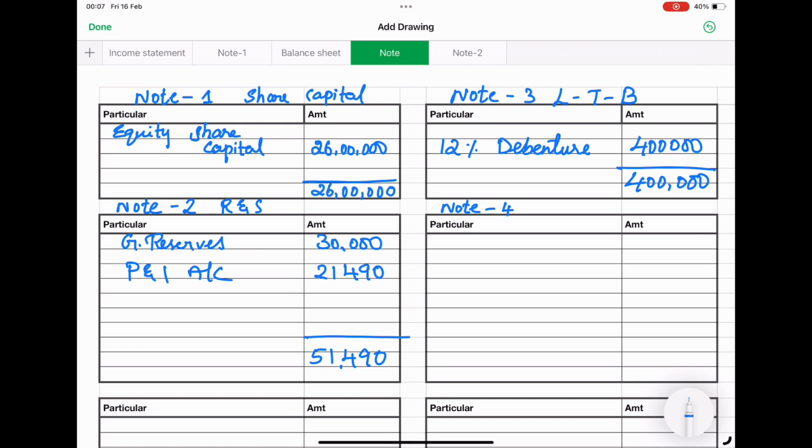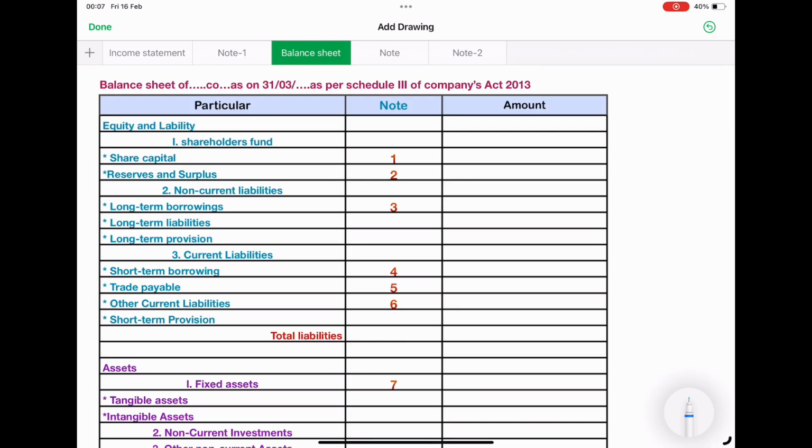Note 1, how much are we having? 26,000. Note 2, 51,490. Wait, I'll write it neatly.